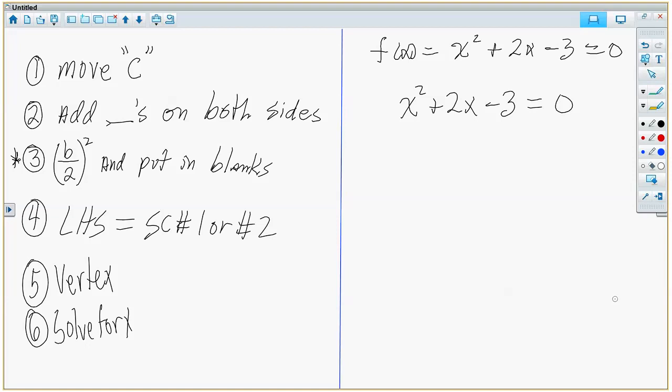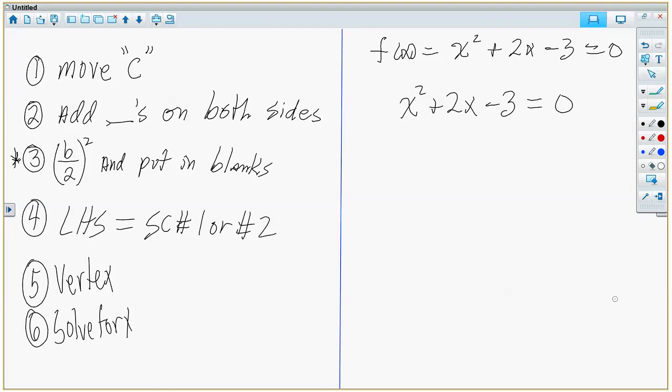So, where do you think you're going to move it? To the right-hand side. Real high intellectual rocket science there. All right? Don't make it complicated. If it's on the left-hand side and I tell you to move C, you're going to move it to the right-hand side. When you move it to the right-hand side, it crosses the River Jordan, and it becomes what?